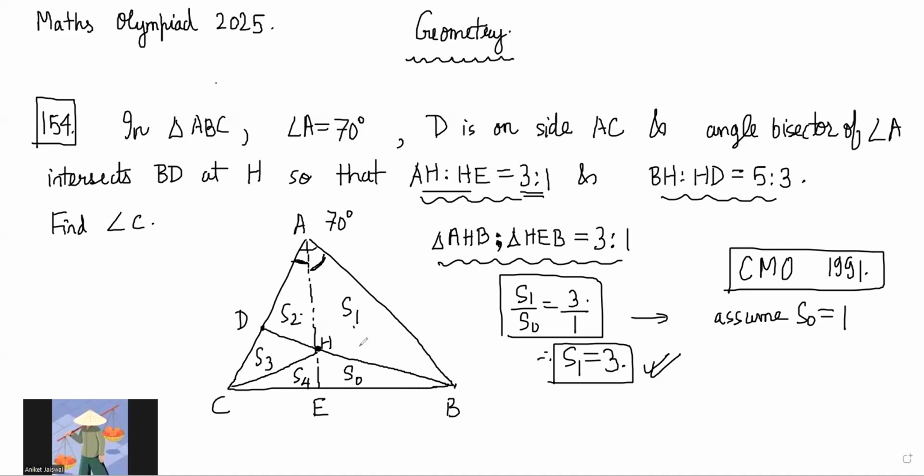Okay, we can say 5 by 3 actually because the vertex is A and the base is DH and HB, and the perpendicular is equal for both. So we can say S2 and S1 ratio will be 3 by 5, right? So we will get S2 is equal to 3 by 5 S1, right?